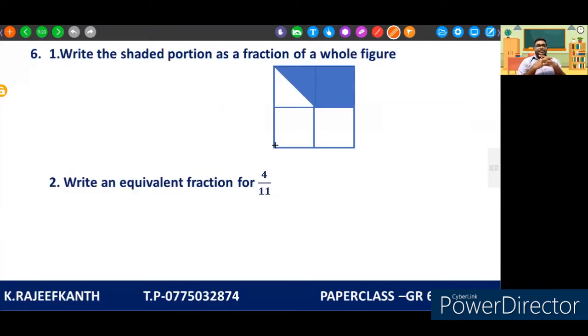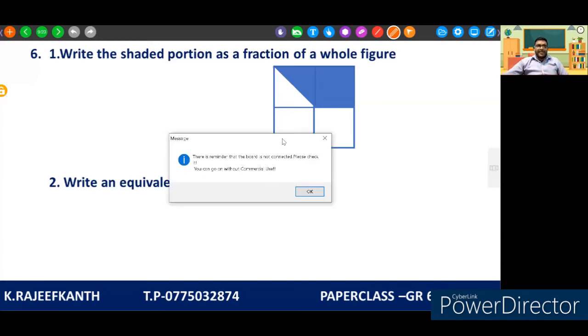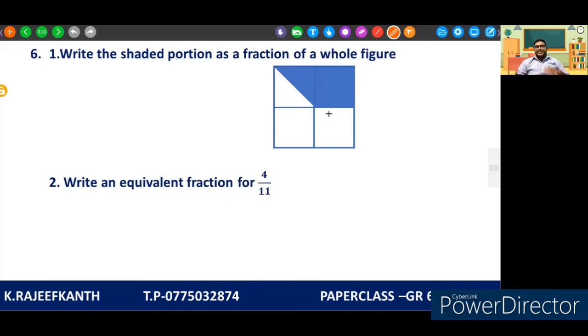Write the shaded portion as a fraction of a whole figure. This you have already learned in grade 4, 5, right? Then you have to write an equivalent fraction for 4/11. Write the shaded portion as a fraction of a whole figure. First you have to divide into equal parts, right?